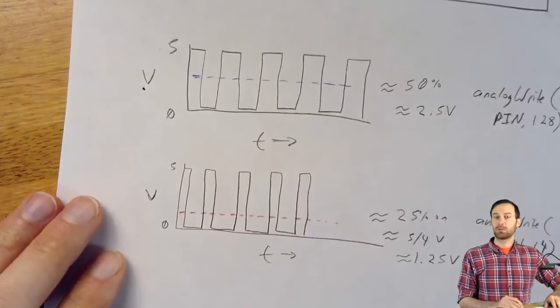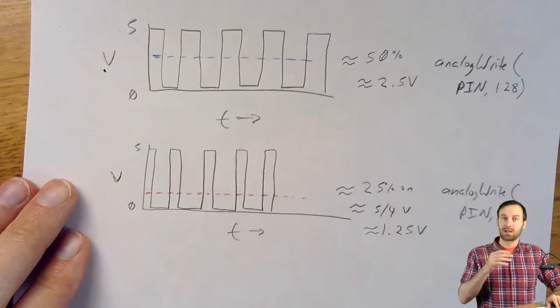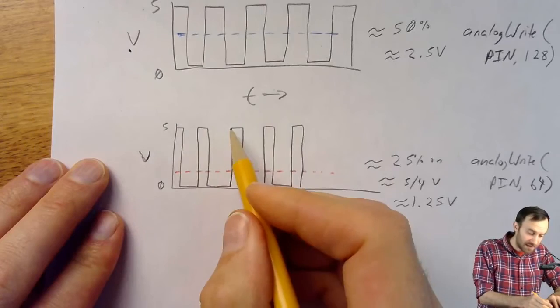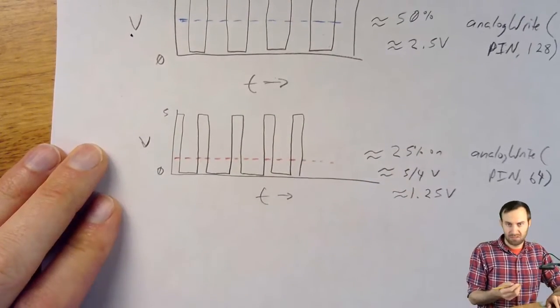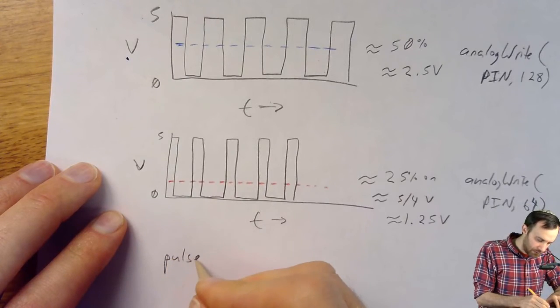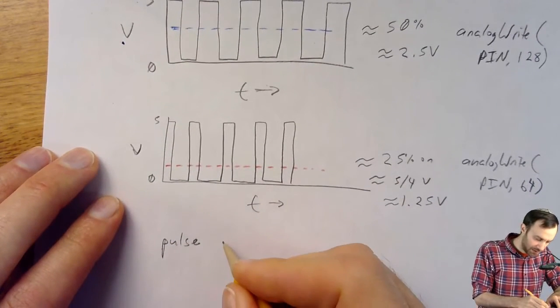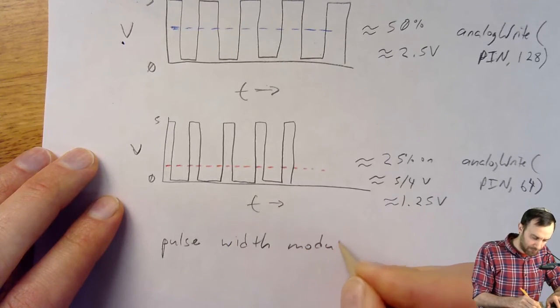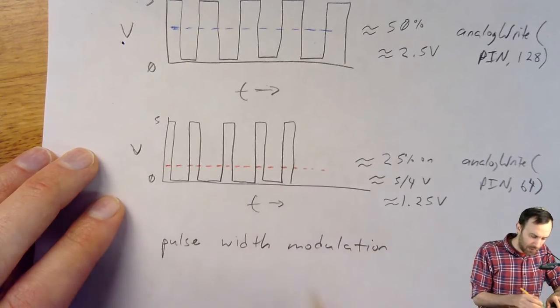Now, there's a name for this trick in electronics of varying the amount of time something is on or off. If you think of these things as pulses, and sure, they look like pulses, then you might understand why it's called pulse width modulation. But what do we mean by width?